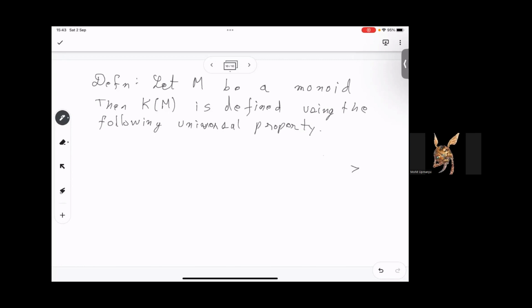For all maps from the monoid to a group, for all maps from the monoid to the group, it factors through K of M.